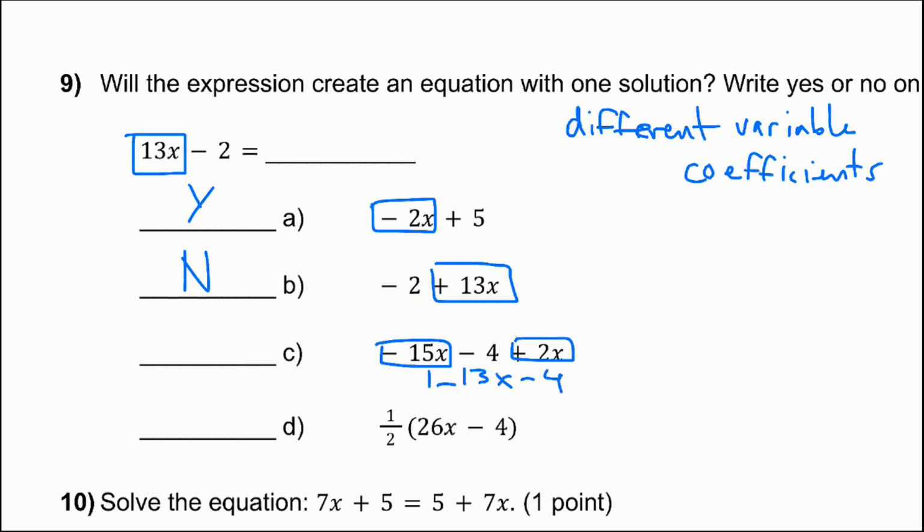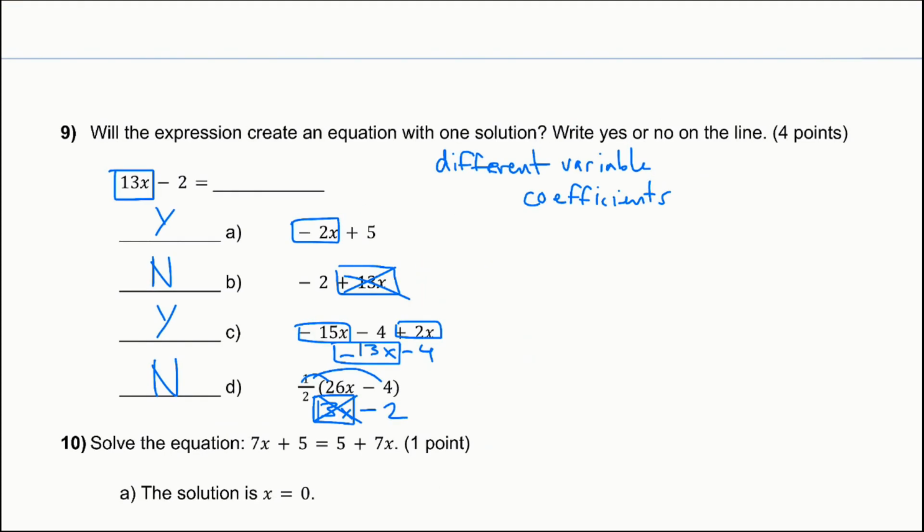Negative 13 is not the same as 13, so technically, yes, this would result in a 1 solution, okay? And then half of 26x is 13x, half of negative 4 is negative 2, but that 13x, we don't want that, so that's going to be a no. It's a no for me, dog. All right? Okay.